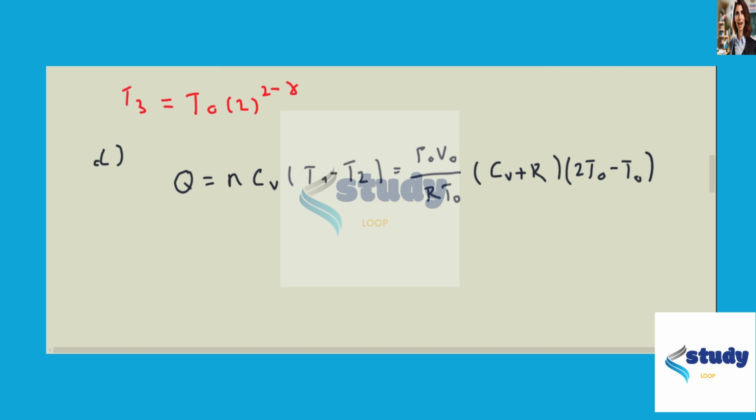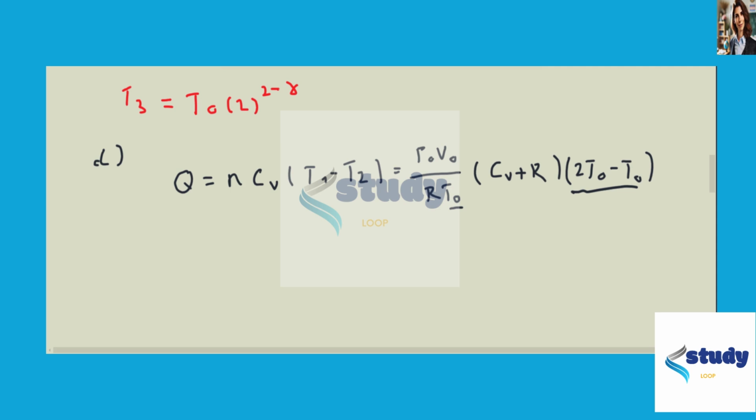So this subtraction leaves us with 1 T0, and that T0 will cancel out with this T0 here. Then we have 1 over R times CV plus R, and when we multiply that out, we are left with CV over R plus 1.